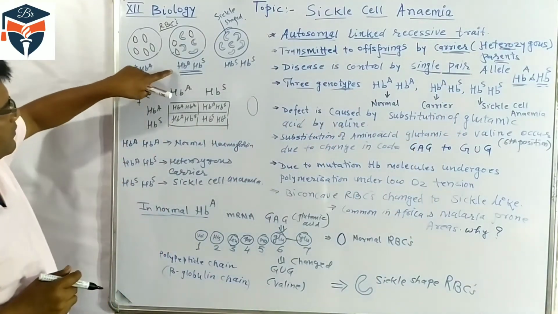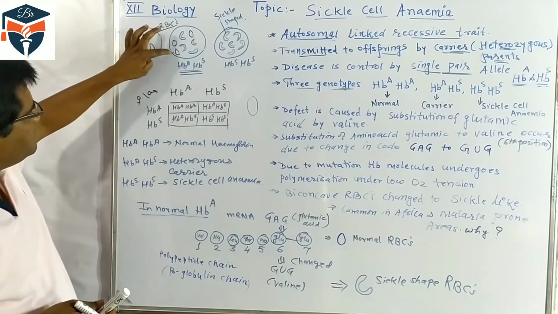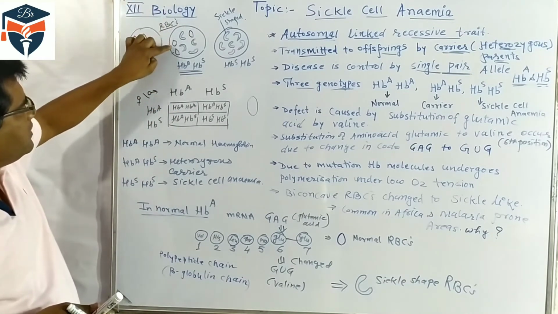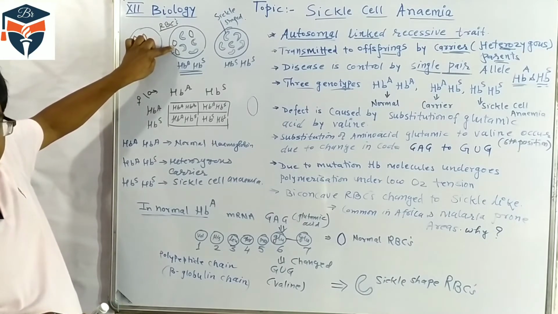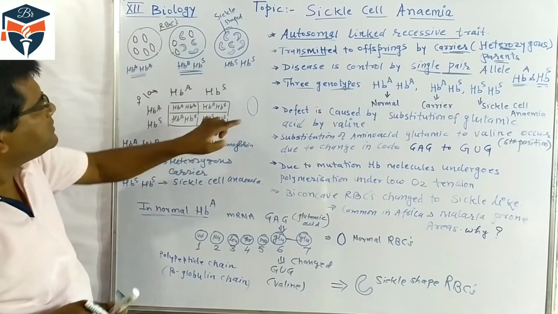Second, the HbA HbS genotype. This person has some RBCs that are normal and some RBCs that are defective, that is, sickle cell like.